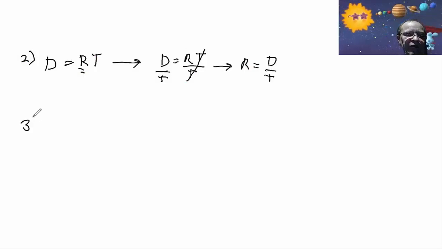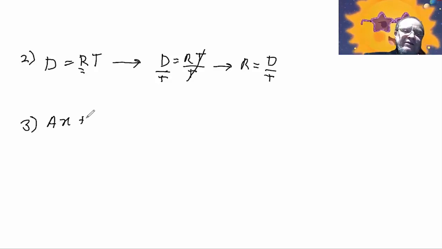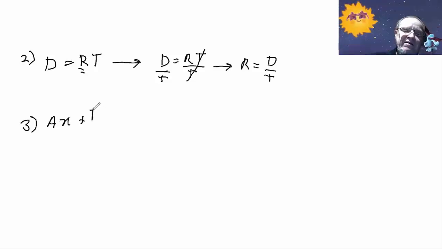In example 3, we have ax plus b is equal to c, and we want to find what x is.